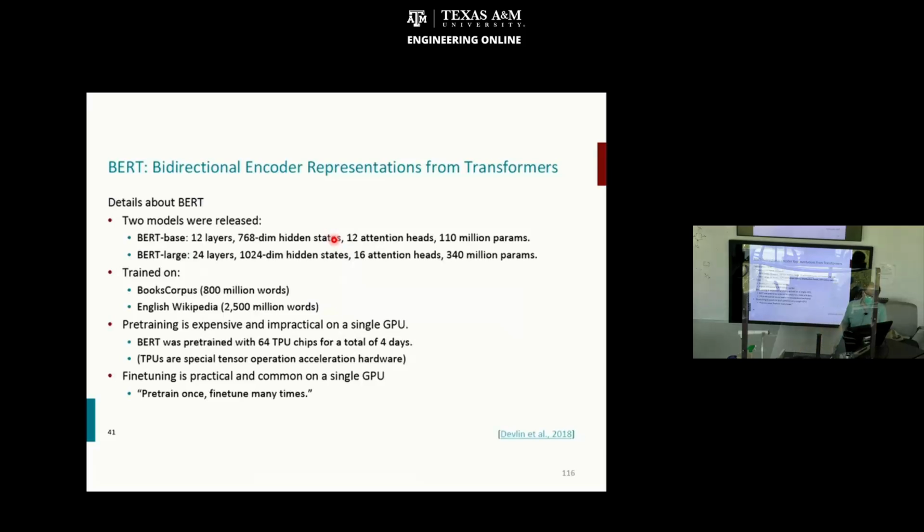So, a little bit more detail about BERT. I think these models are getting bigger and bigger. We are talking about the number of layers, the number of attention heads, which is multi-head attention, and the dimension of the hidden state. And you can train such models on very large data, like Books Corpus or English Wikipedia.